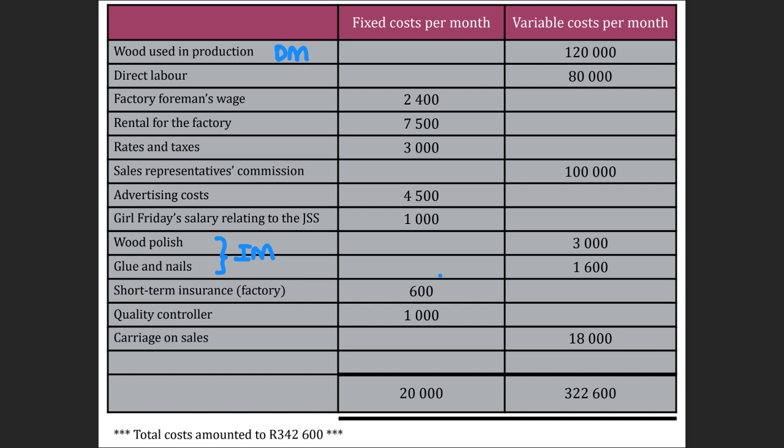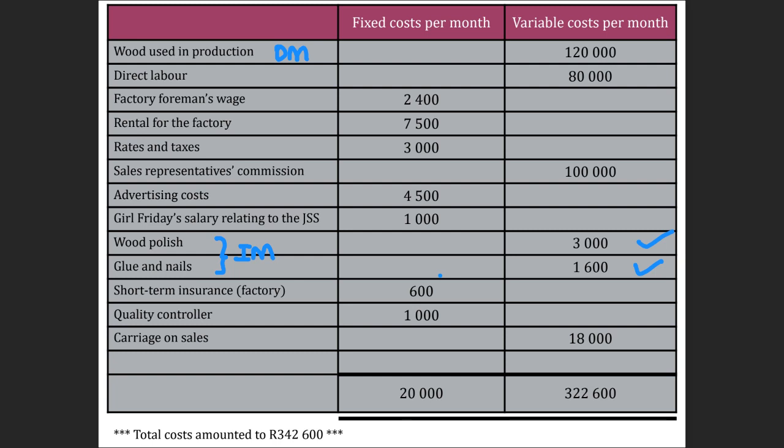The idea is if we are producing more units, then we need more glue and nails, or we need more wood polish. So if production is increasing, then we would need more of these items, which means that their cost will increase as well. So these would also be a variable cost because the more we produce, the more we need, the less we produce, the less we need, and the lower the cost will be. So it is a variable cost.